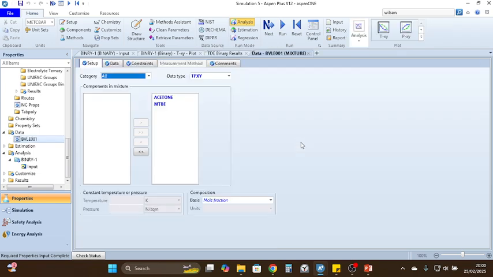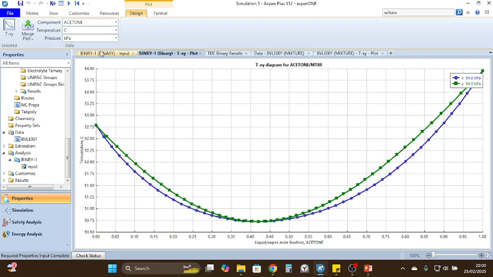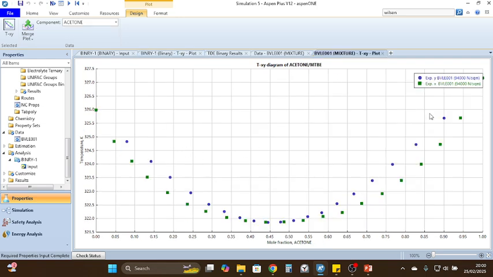Now, if I want to generate the graph of this TXY, this is the graph that we are getting. This is the graph we have got initially from the interaction parameters that were retrieved from Aspen, and this is the graph for the experimental data.